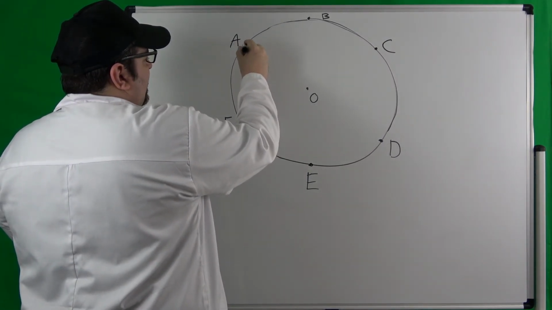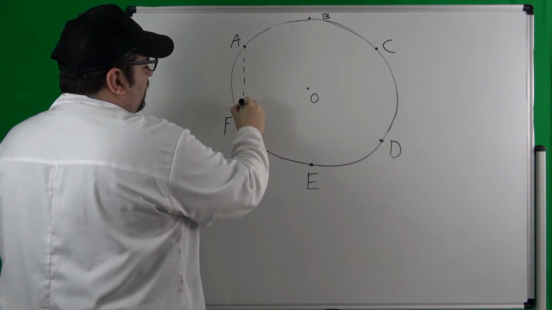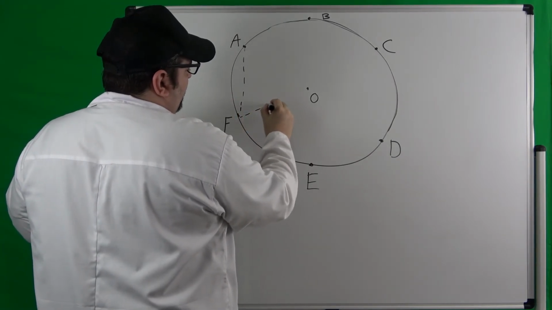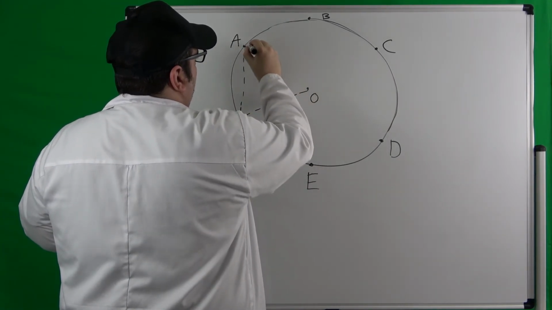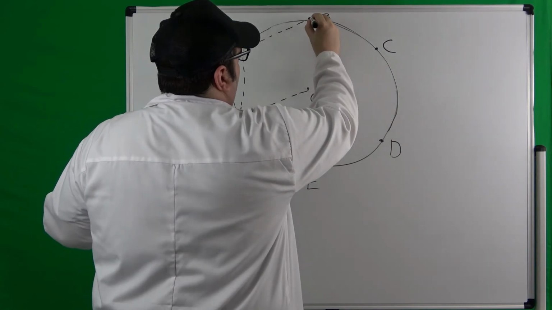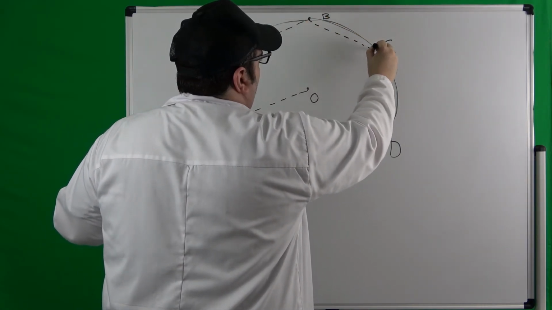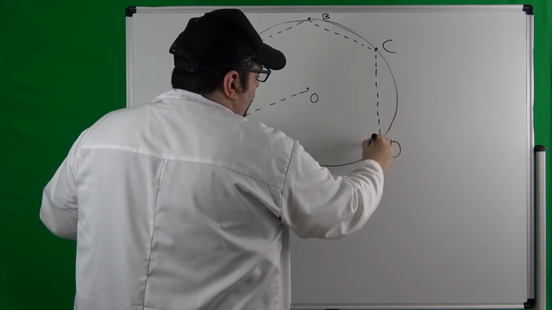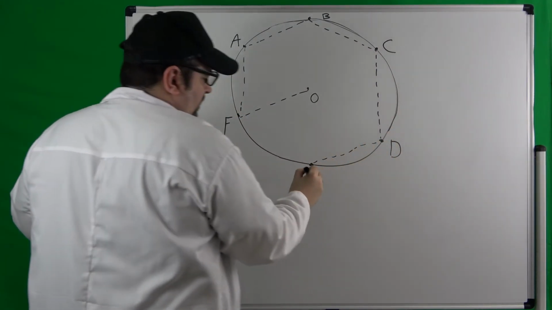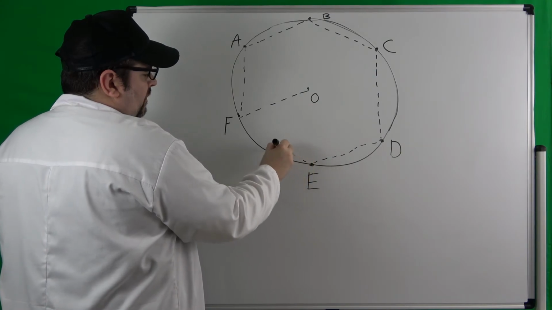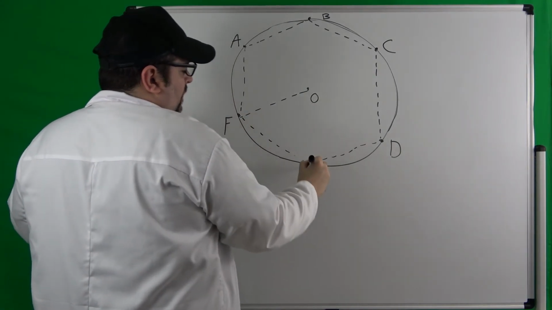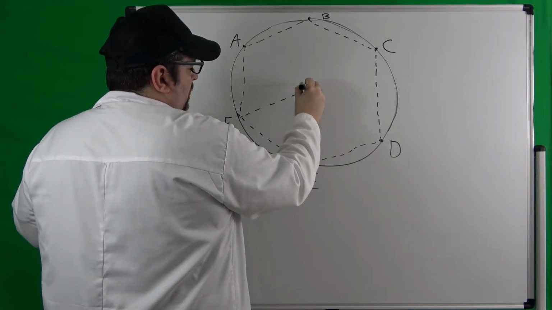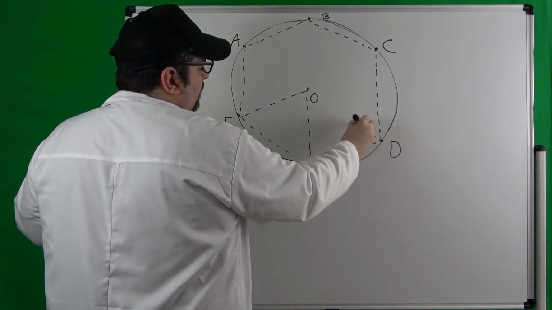So, it's saying if you draw lines, notice all of these separate lines I'm drawing are equal to the radius.